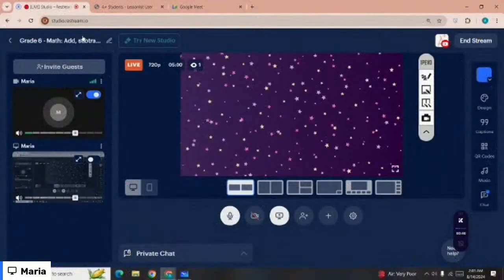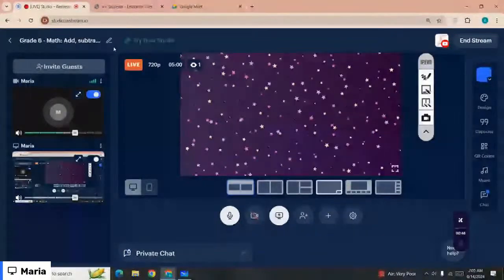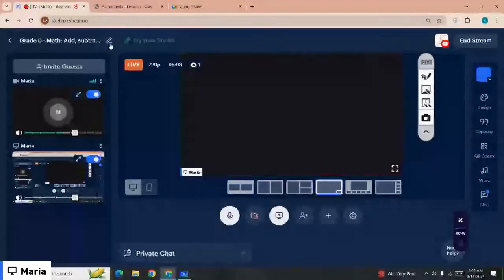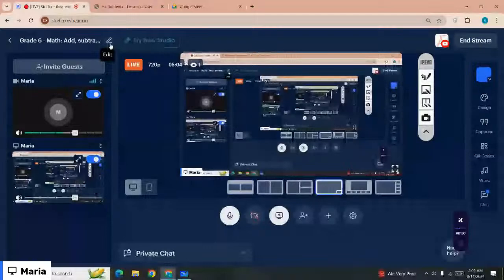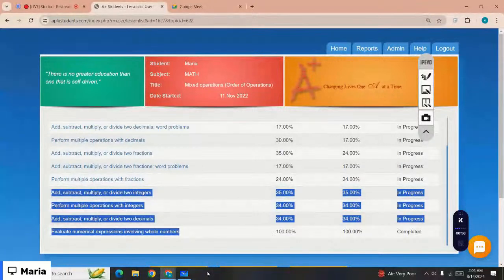Still, it is showing grade 5 math, right? But right now we are on grade 6 math, right? There is something wrong with the lesson name. You can see here the lesson name is already updated, but there is something wrong with it. So just leave the lesson name issue. I will keep saying again and again that it is grade 6 math, right? Yes, that is grade 6 math.